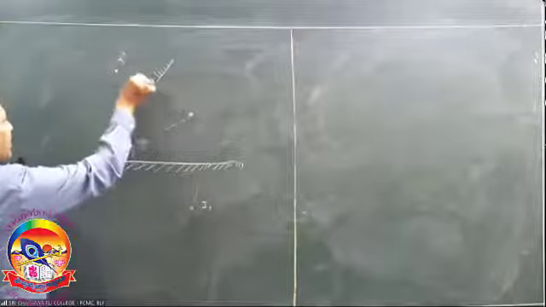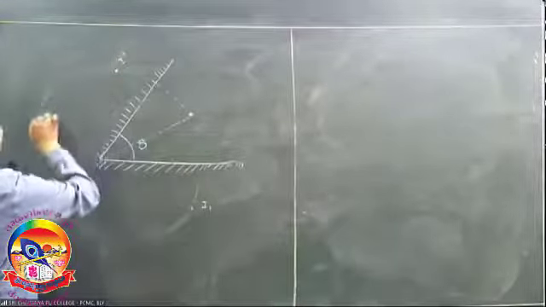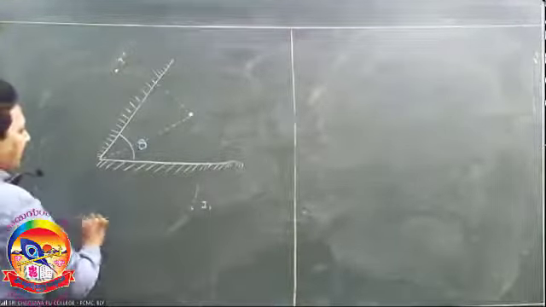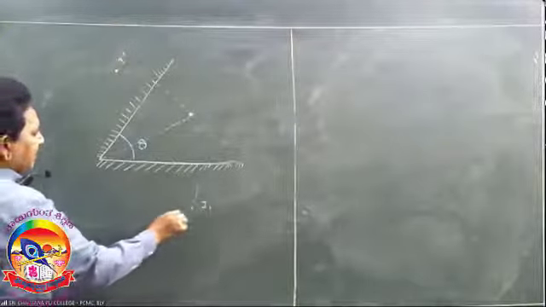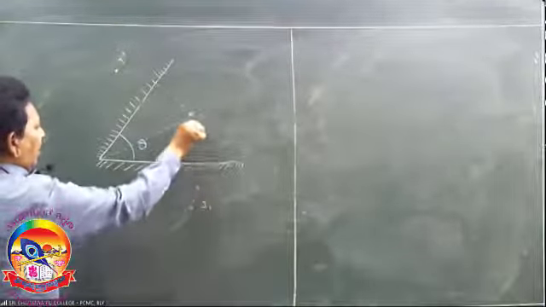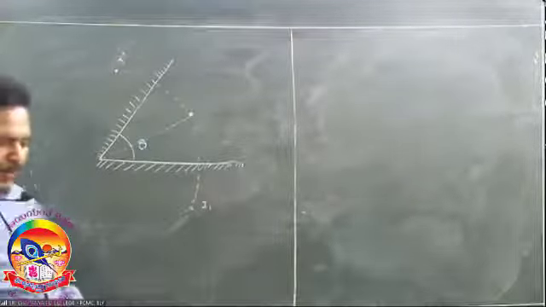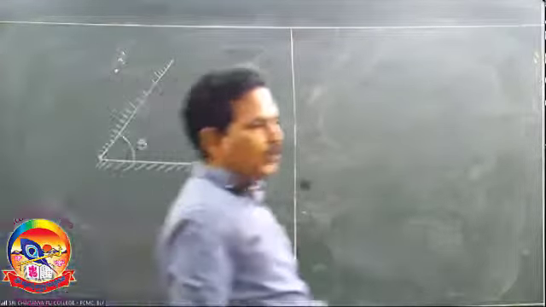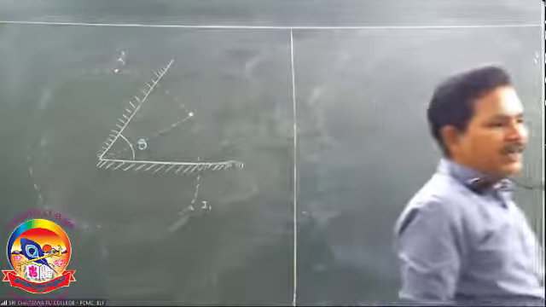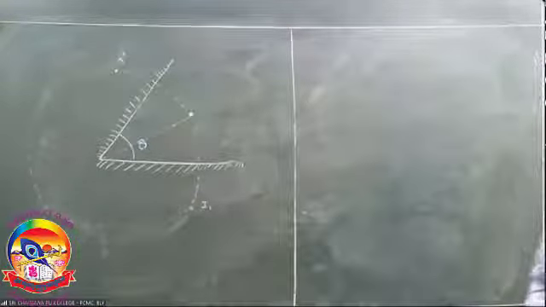The images formed by two inclined mirrors will fall on what path? Circular path. We have to find the total number of images.